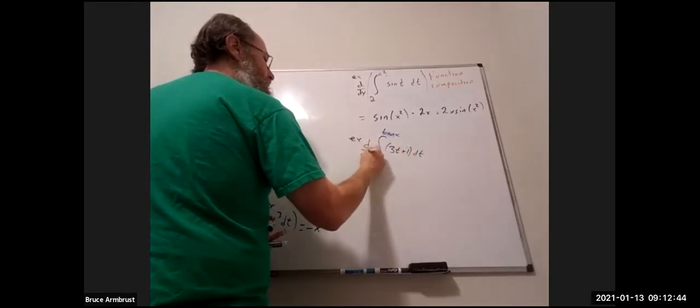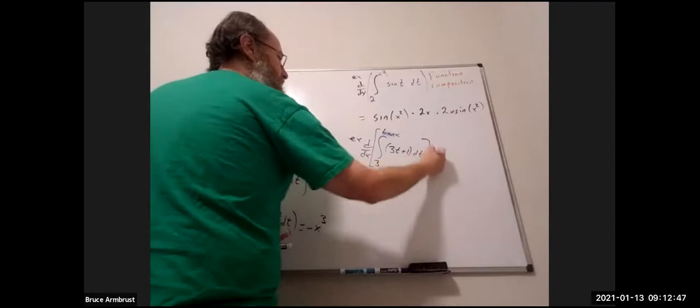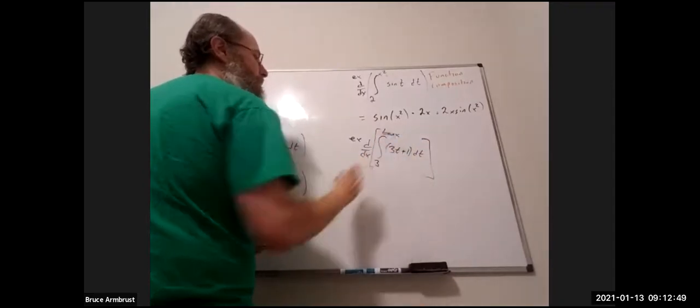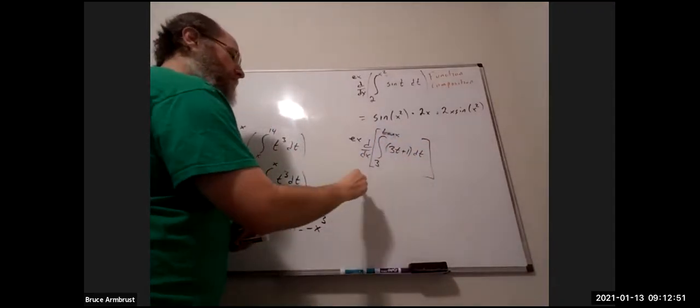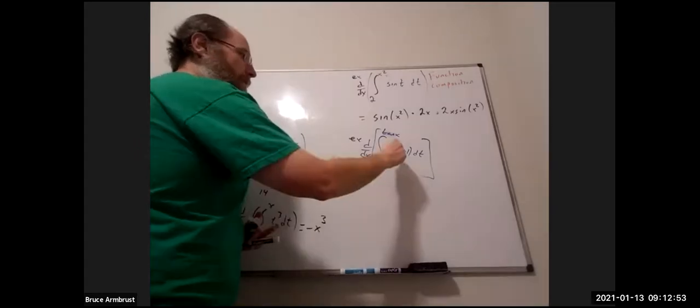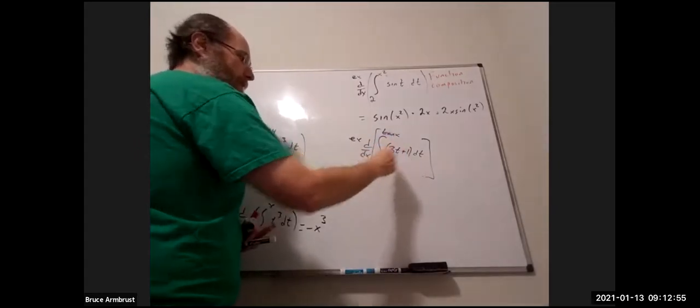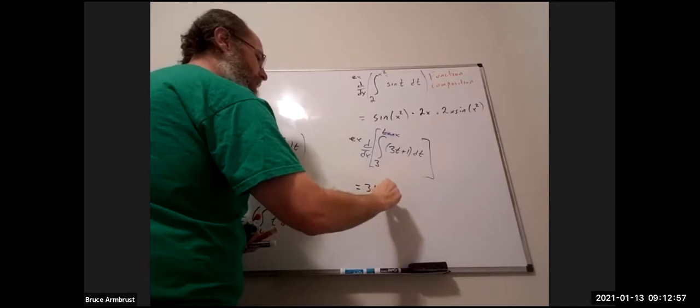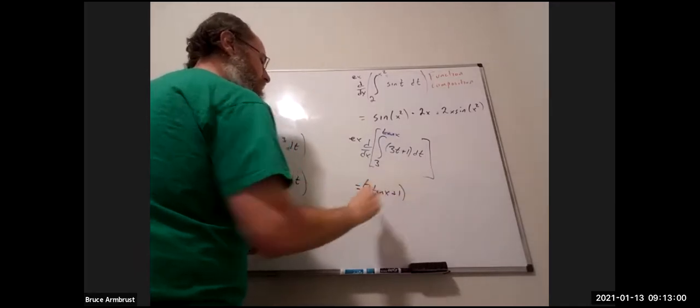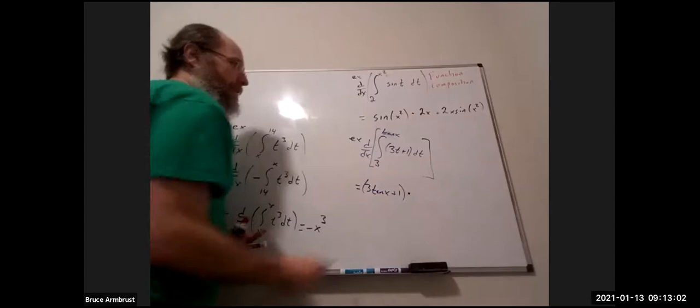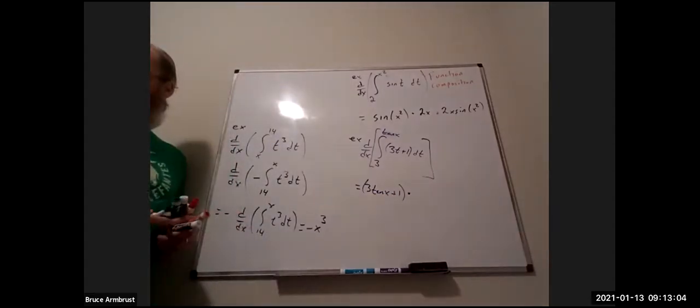And then we're going to differentiate that with respect to x. All right, so here's what we get. I'm going to substitute in the tangent of x, so I get 3 tangent of x plus 1. But then the chain rule says I need to multiply that by the derivative of tangent.